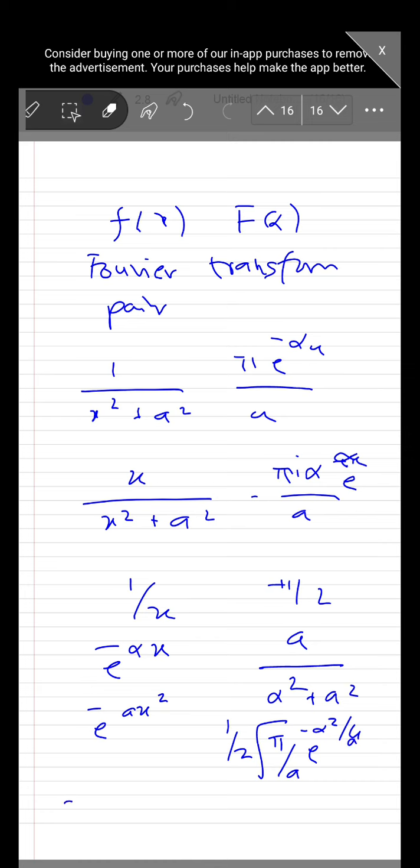And if it is x into e to the power minus a x square, then the Fourier transform will be root pi divided by 2a to the power 3 by 2, times i alpha, times e to the power minus alpha square by 4a. So these are some of the Fourier transform pairs.